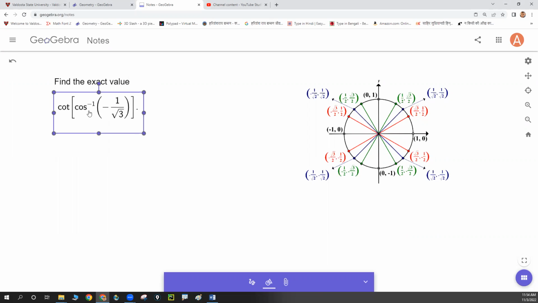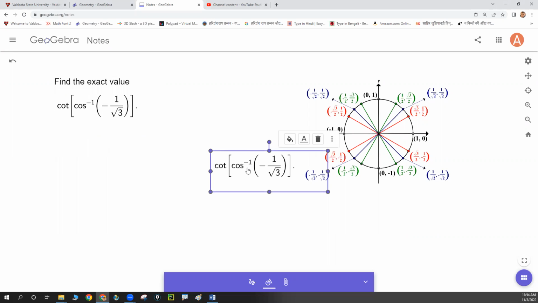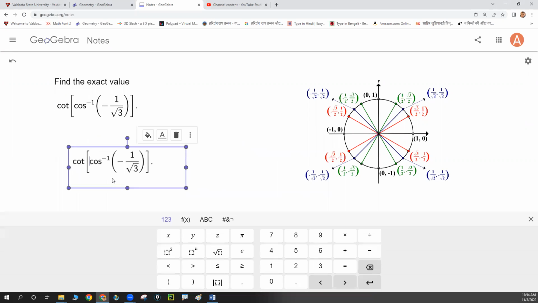So let's work on this. We can't use a calculator, okay? So the way we did it in class, we're going to say this is equal to theta.